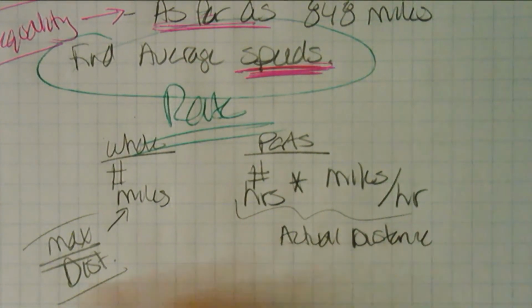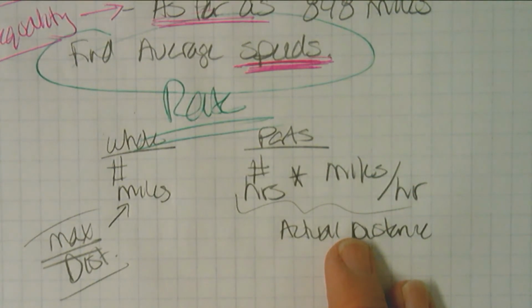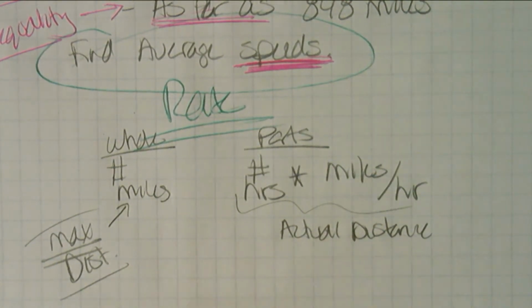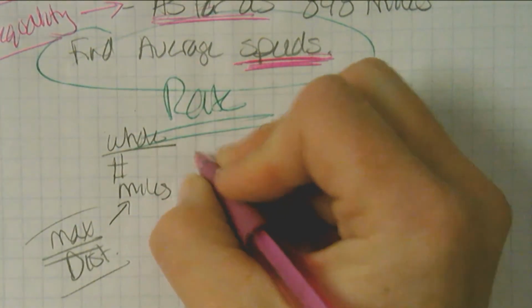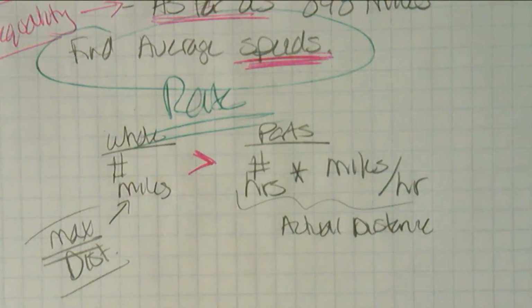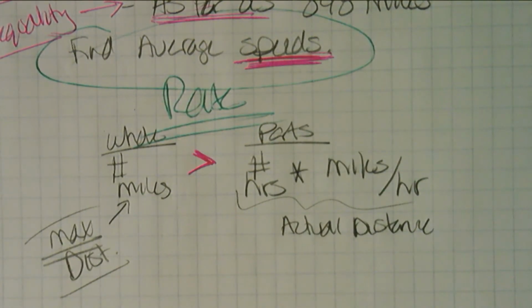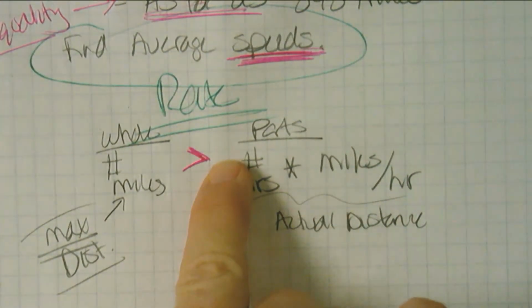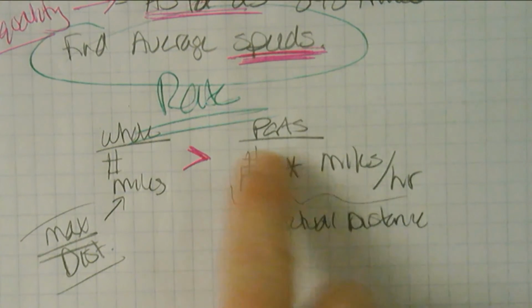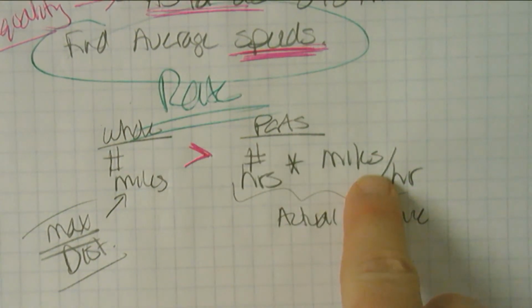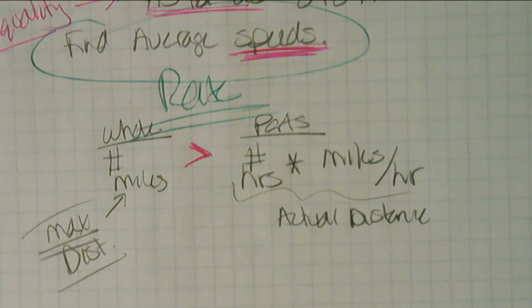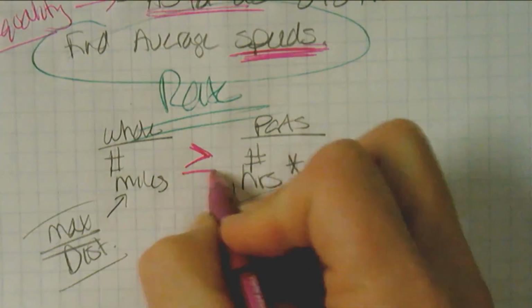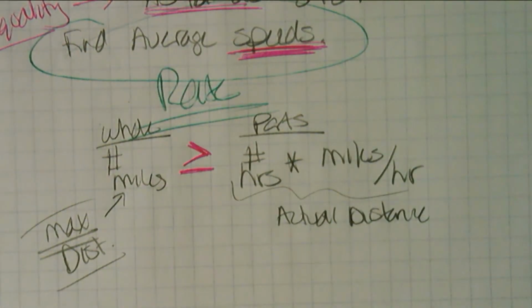If this is a maximum, are we actually going more than the 848, or are we going to be going less than? It has to be less than. You guys, it's a maximum. So what we're actually doing has to be smaller than our maximum. How many of you guys see that? So the smaller side is facing our actual. Can they go exactly 848, that maximum? Coral? Yeah. That's an equal to as well, because it goes as far as that maximum.